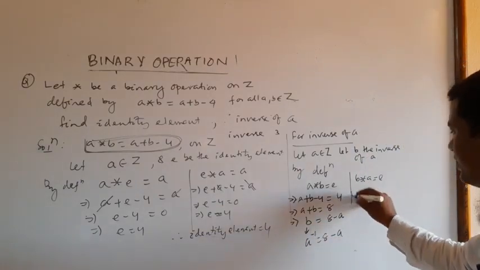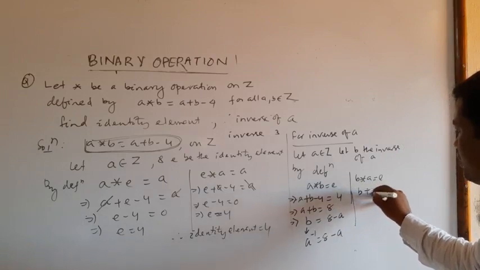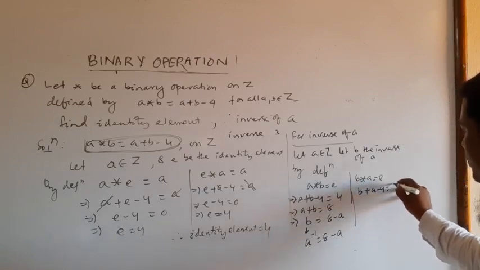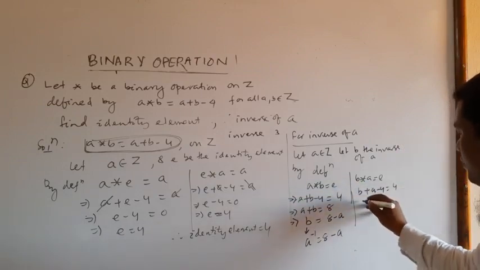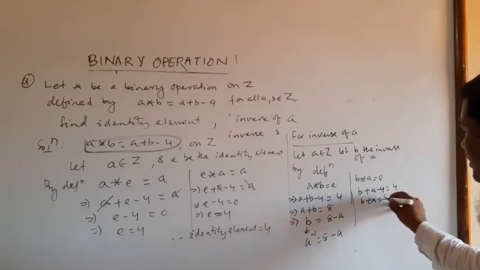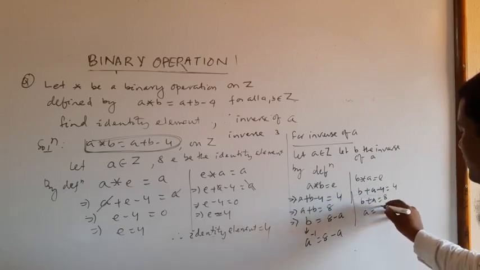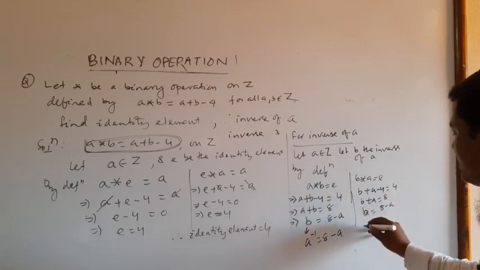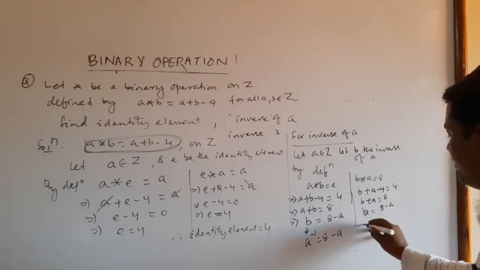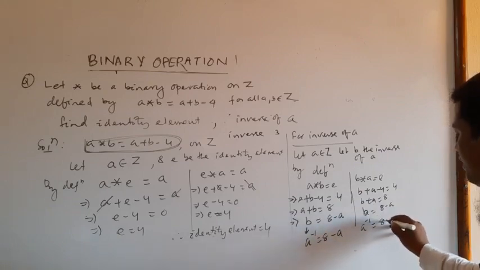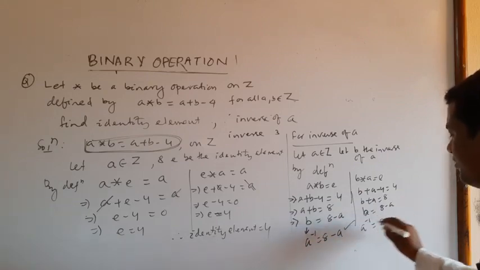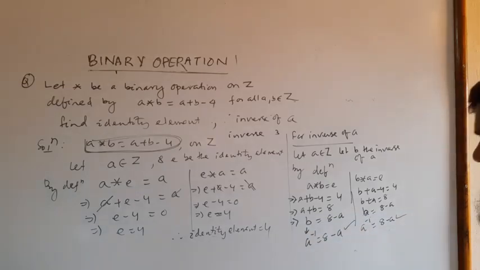Similarly, b plus a minus 4 is equal to 4, so b plus a is equal to 8, or b is equal to 8 minus a, that is the inverse of a. Inverse of a is equal to 8 minus a. These are unique, because you should get the same answer.